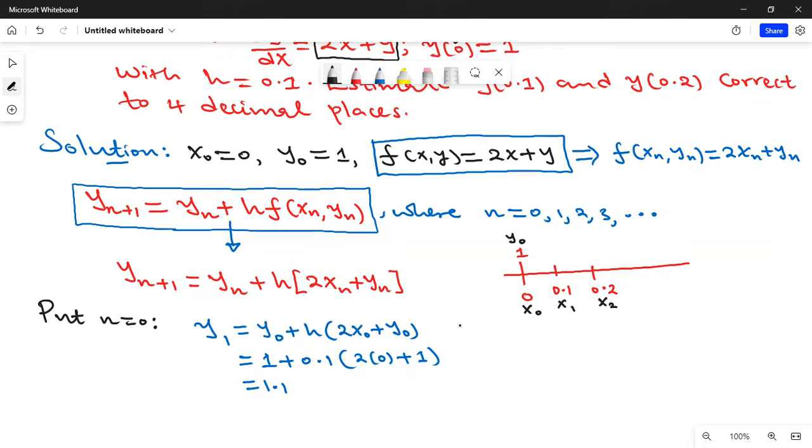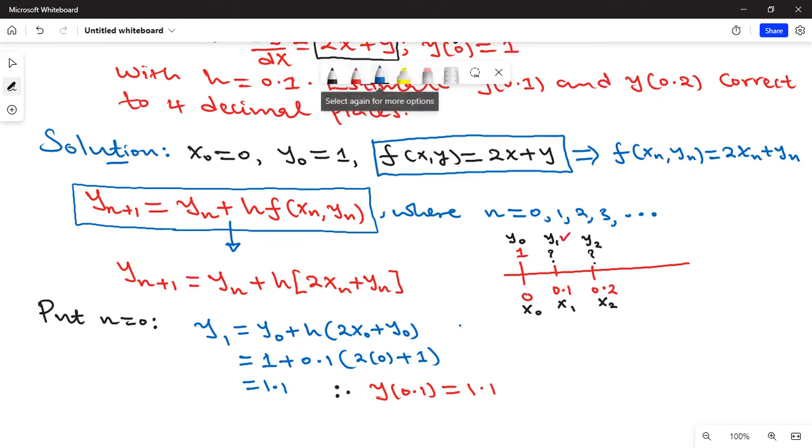I don't know the value here. That is y1. Neither do I know the value here, which is y2. So when we talk of y1, it is the value of y when x is 0.1. So you can say here that therefore y at 0.1, which we are saying is y1, is the same as 1.1. So we have found this value here already.